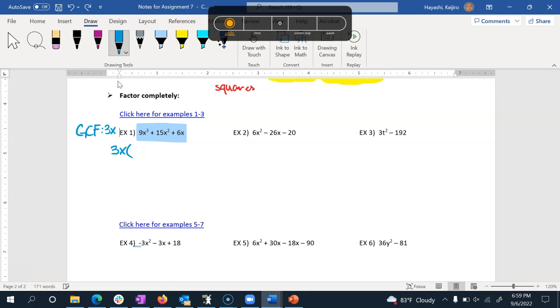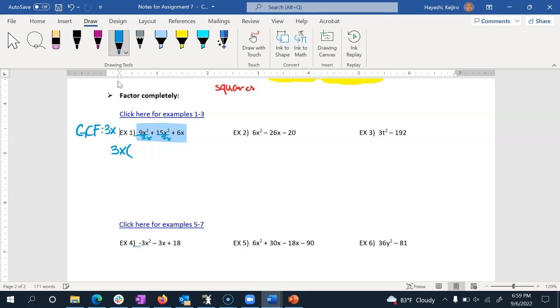Just pretend you're dividing each of these by 3x. That'll tell you what you have left on the inside. So, you had 9x cubed, but you took out a 3x. What's that going to leave you with? 3x squared. 9 divided by 3 is 3, and x cubed divided by an x is going to be x squared.